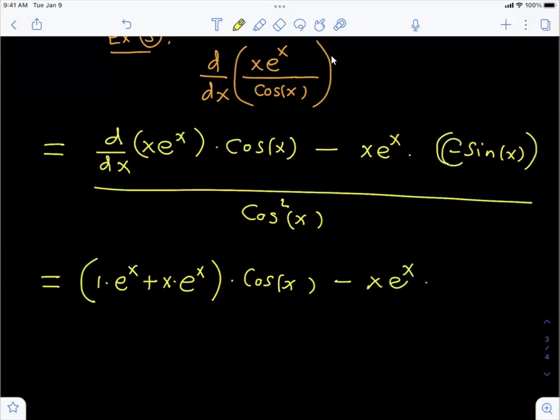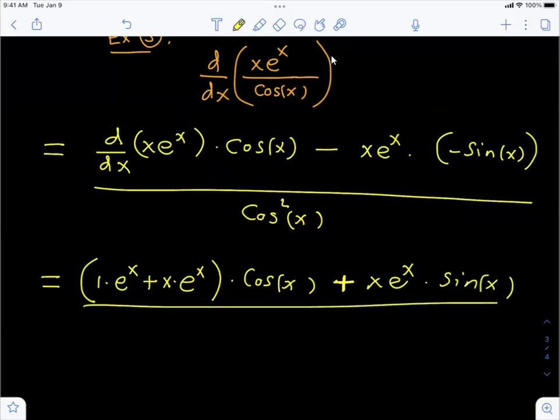In fact, you can combine these two negative signs to make it plus right in front. I will update it, plus sine x. The whole thing is sitting at the top of cosine squared x, and that's our final answer.